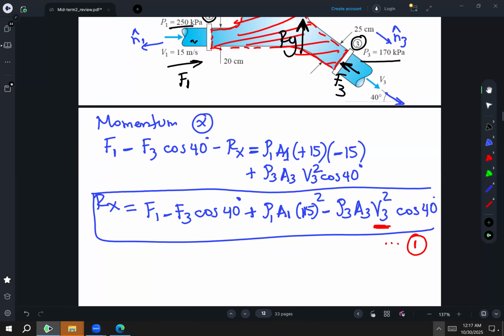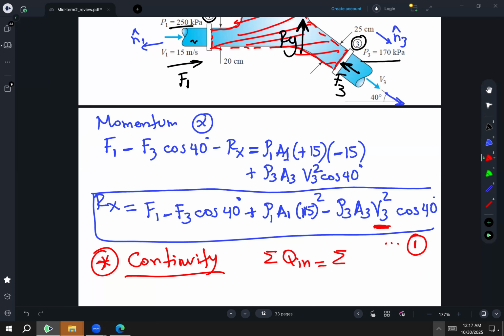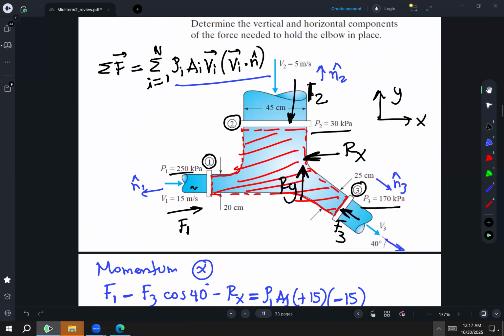How do we find velocity 3? We can find velocity 3 by continuity. Continuity tells me the flow coming in is equal to the flow going out. So the sum of flow coming in is equal to the sum of flow going out. In this case, in pipes 1 and 2, the flows are coming in and 3 is going out.